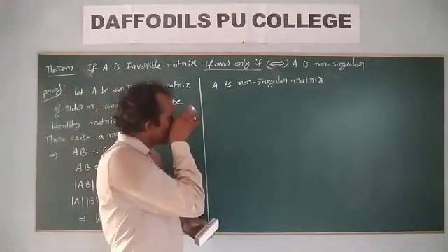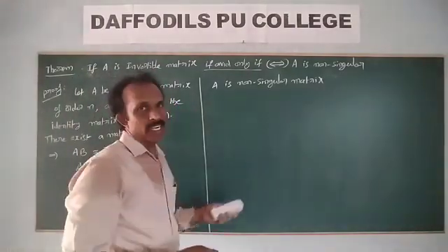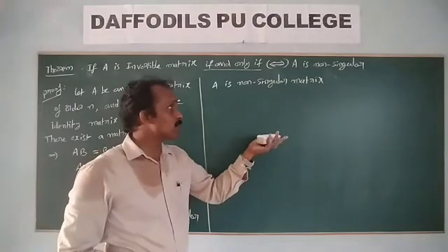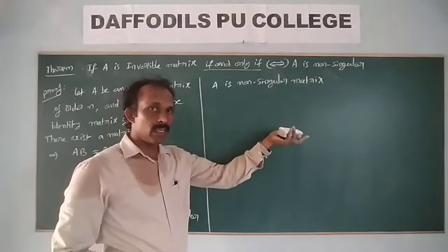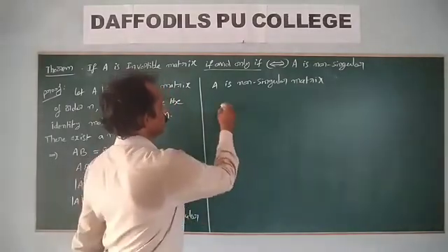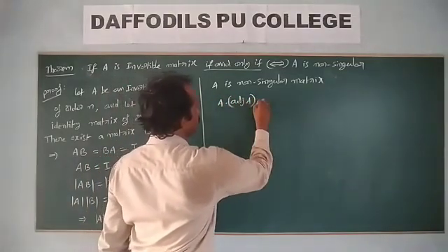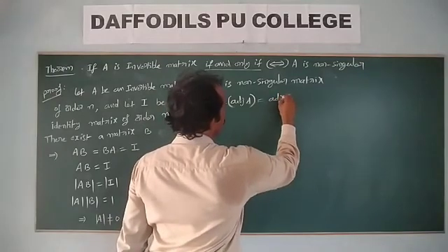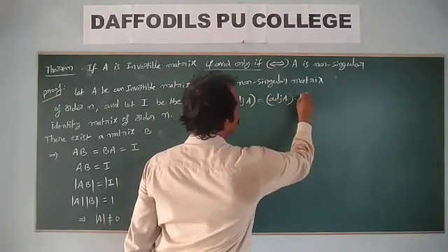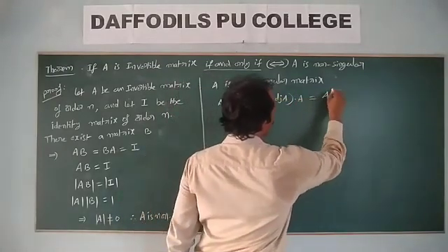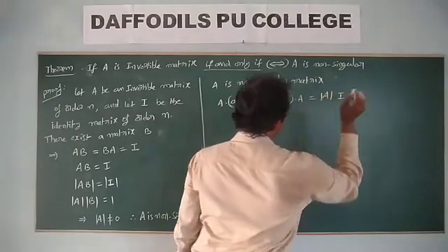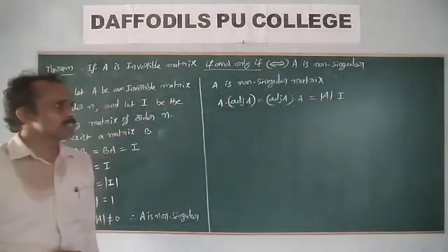From the above theorem, A into adjoint A is equal to adjoint A into A is equal to det A into I. We already proved this theorem.